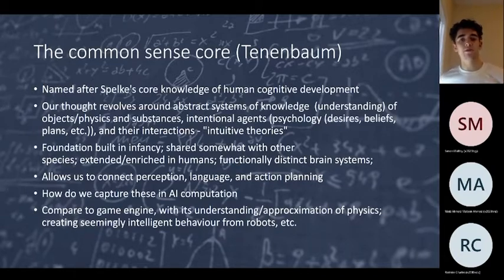He compares our foundational system to a game engine with its approximation of physics, and how a solid substance might respond differently than a liquid substance, or a rigid versus non-rigid substance, or dust versus a whole big block of a substance. So this kind of system in the game engine approximates physics similarly to how we might in our own head.